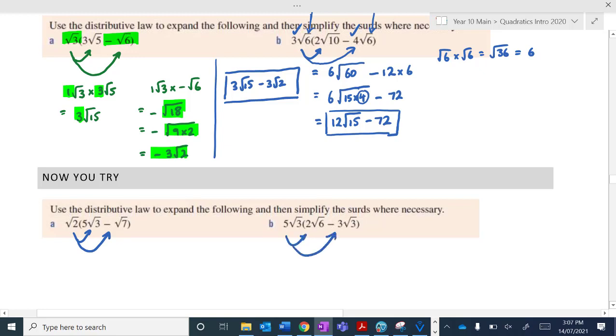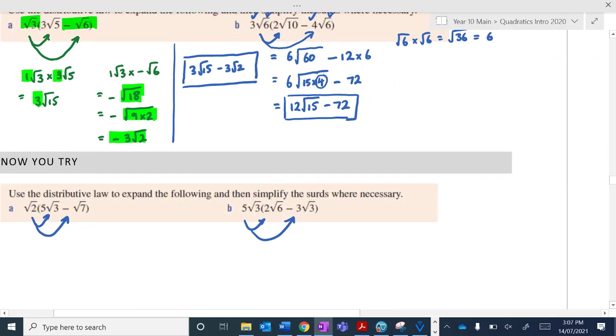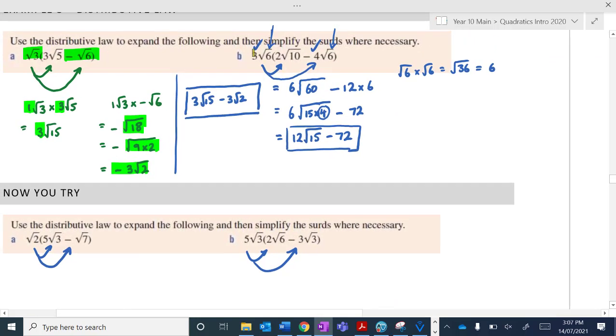Again, break it up into 2 problems if you like. But I think that if you can start setting out your work like this, where we go from one line, this here being the first calculation, 3 2s are 6, and don't simplify it at first. Just get it down like that so you can see that's your first calculation, that's your second calculation.